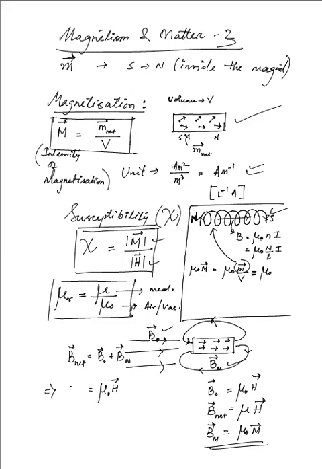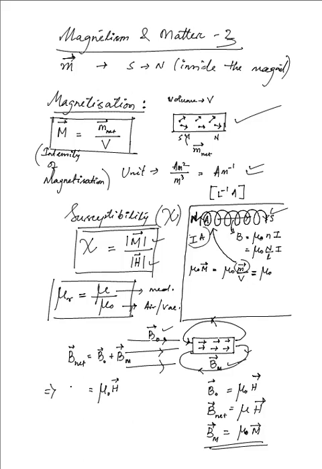The dipole moment in this case is I times A, where A is the area of cross section of the face of the loop. This face has an area A, which is the same for the rest of the coils as well. So this is simply the current multiplied with area.